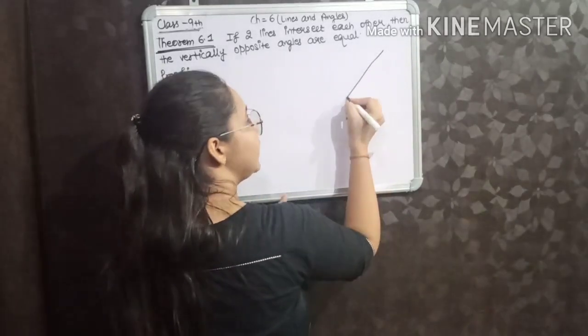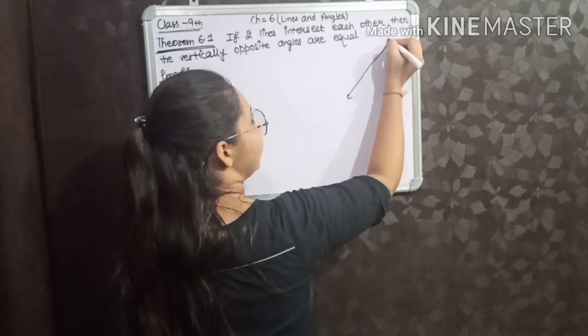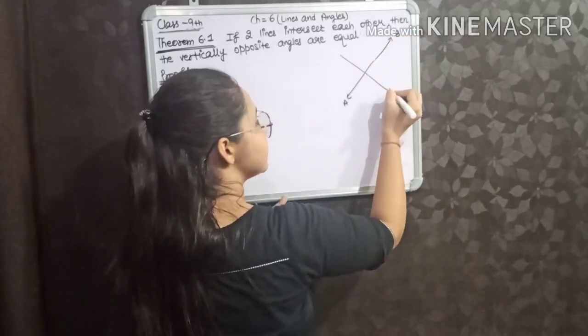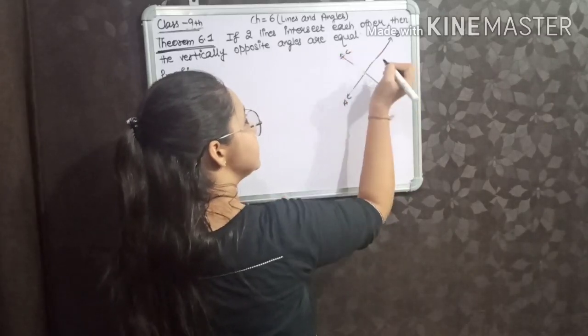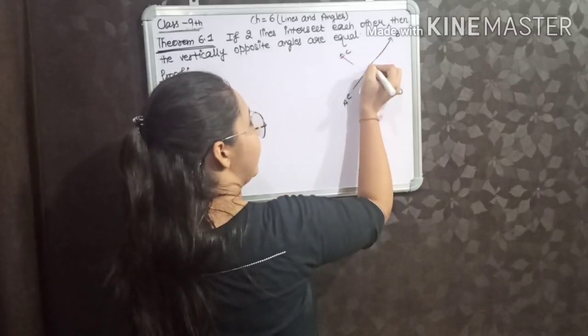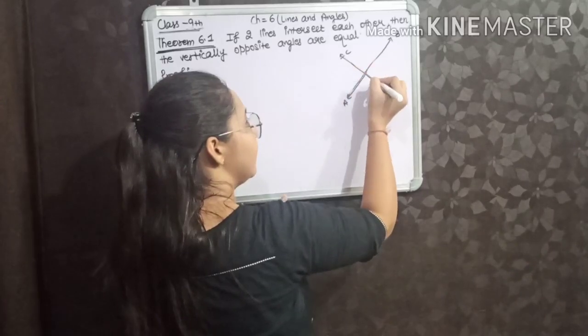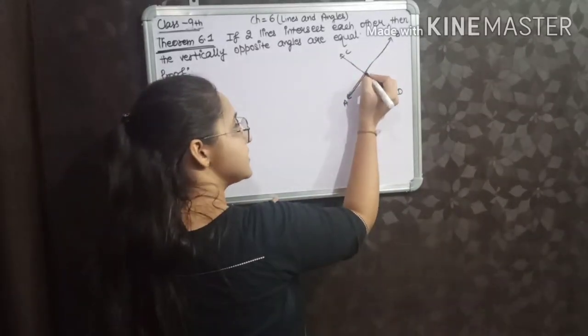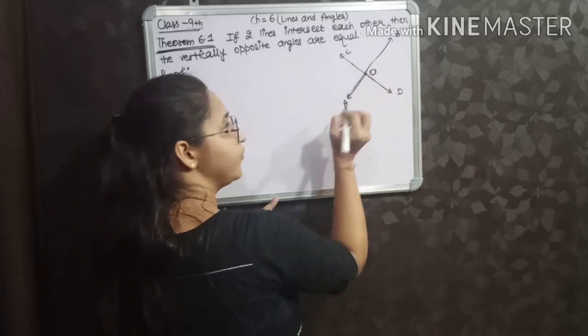First of all, we take two lines: this is one line AB and this is another line CD. These two lines are intersecting each other. Let us take this intersecting point as O.